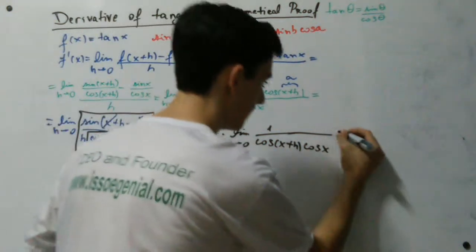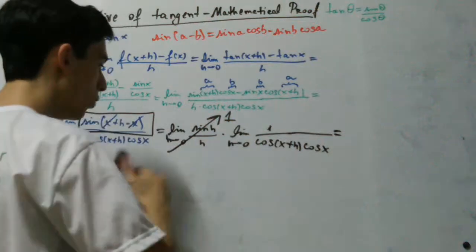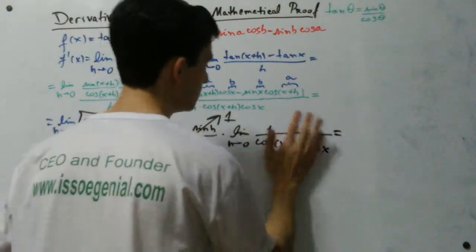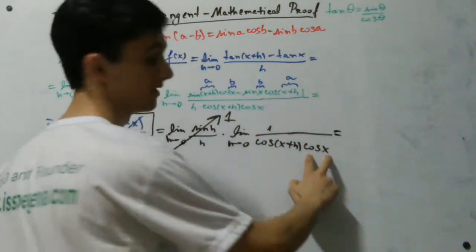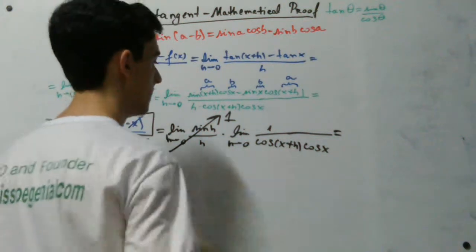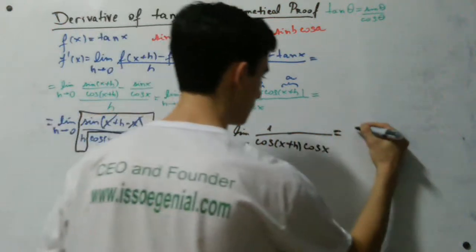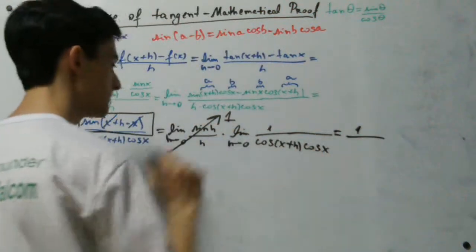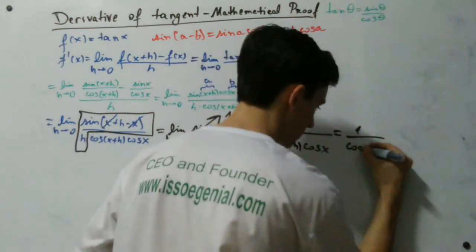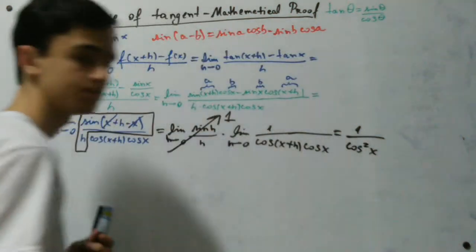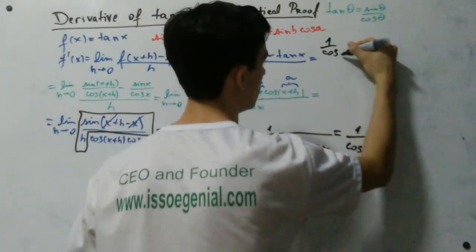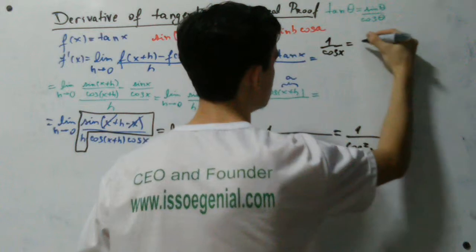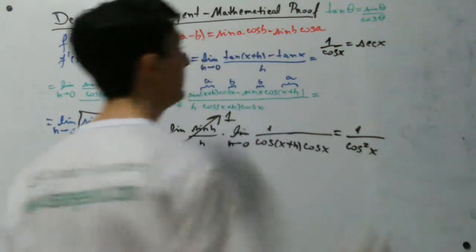And what is this? Just analyze it. When h approaches 0, this whole function approaches cosine of x times cosine of x. This h becomes 0, approaches 0. So this is equal to 1 over cosine of x times cosine of x, which is cosine squared of x. And remember, 1 over cosine of x is equal to the secant of x.